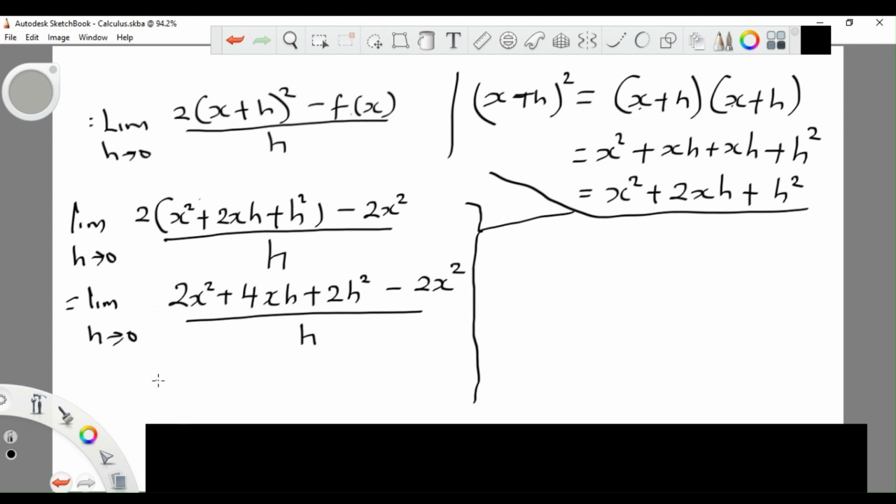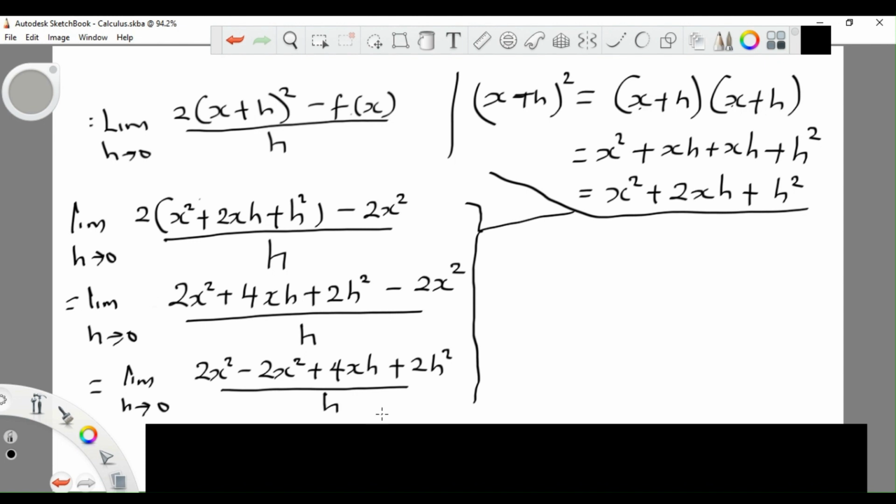So we can say therefore we have our limit as h tends to 0 is what? We have 2x squared minus 2x squared, so we have 2x squared minus 2x squared plus 4xh plus 2h squared over h.